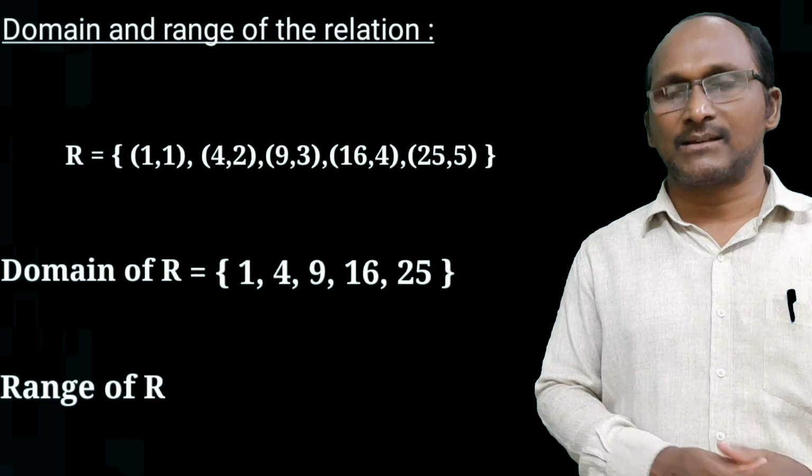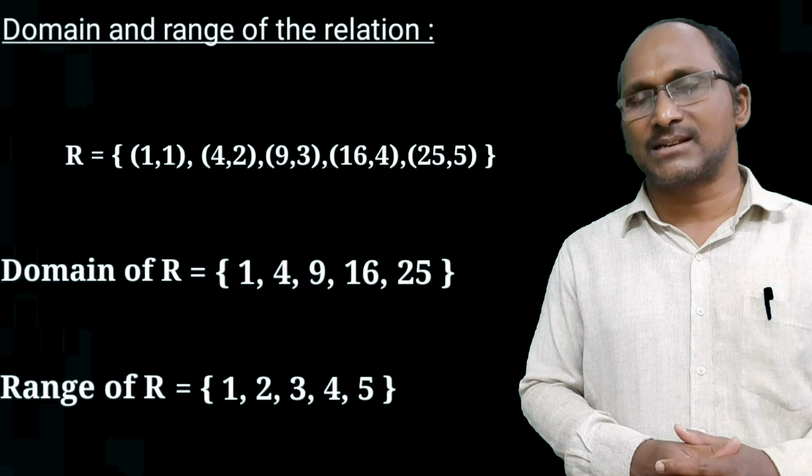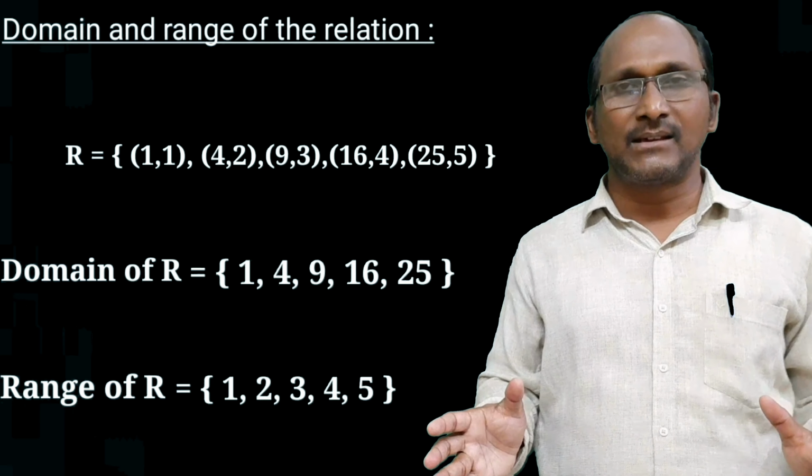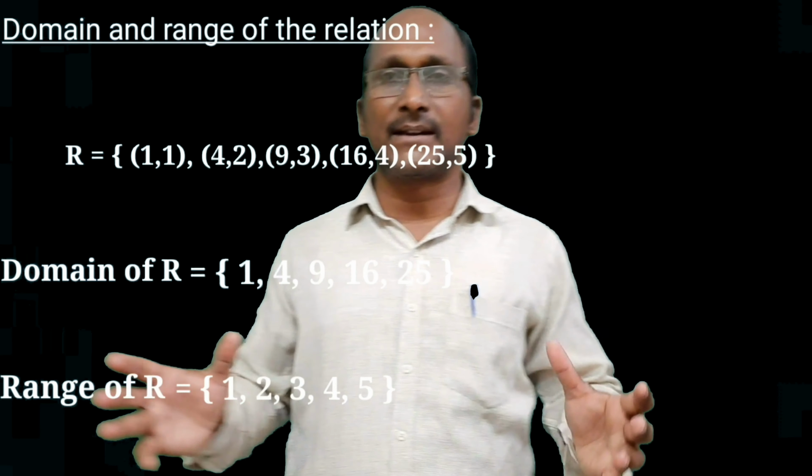What are the second coordinates? 1, 2, 3, 4, 5. These are the second coordinates. So it is taken as the range of the relation R. So like this, we can define domain and the range of the given relation R.